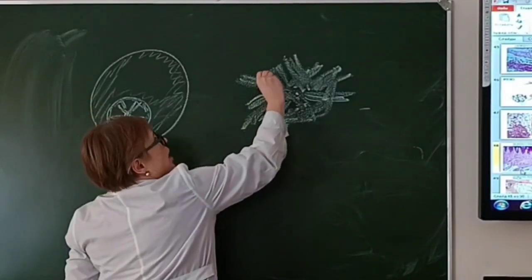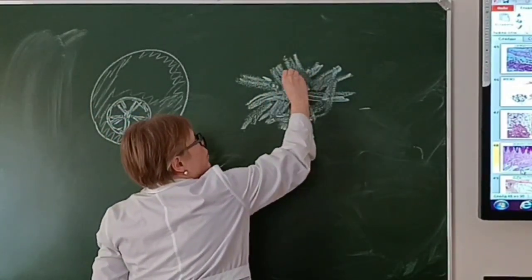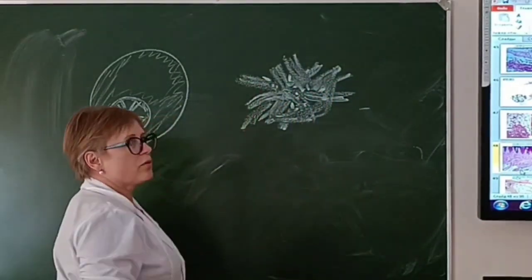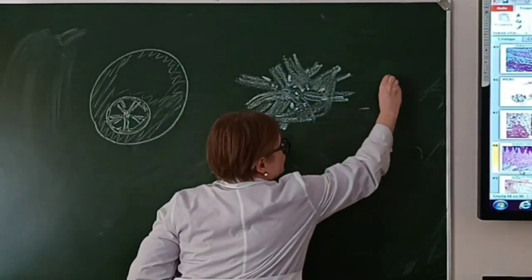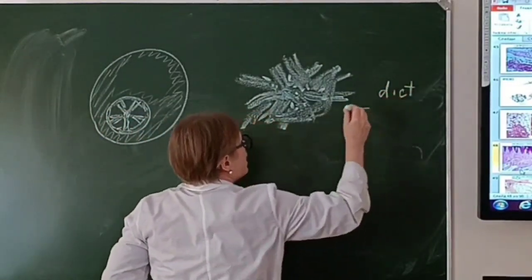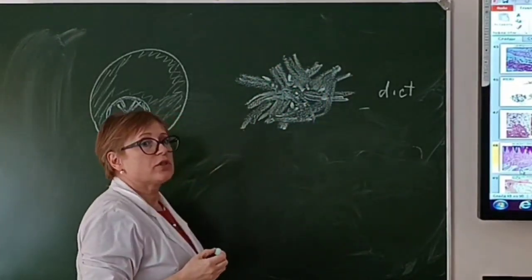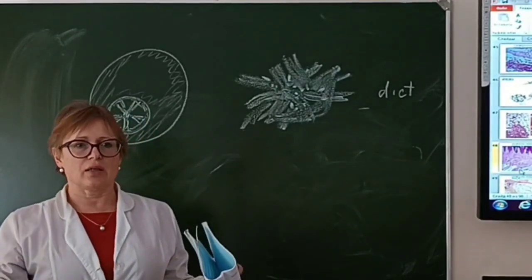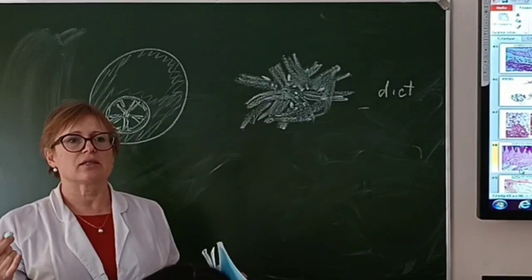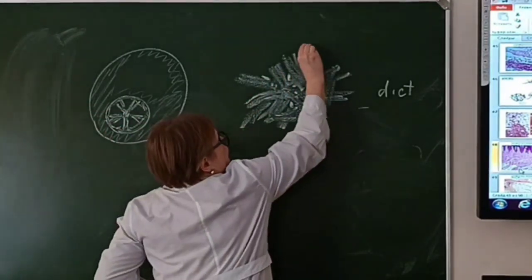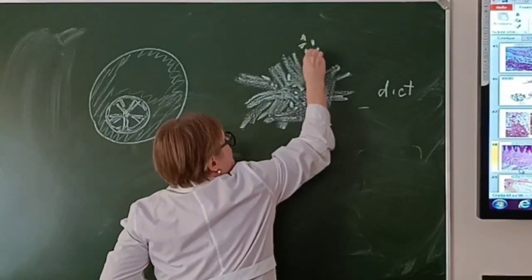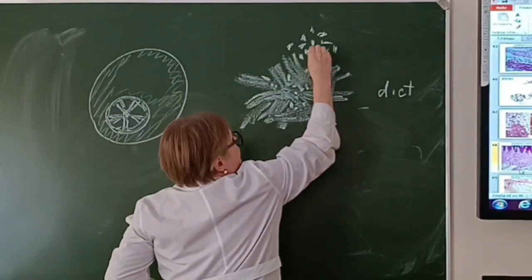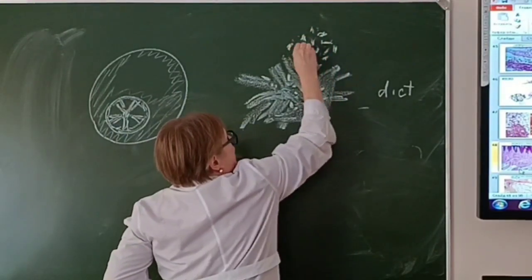Is it clear? Between bundles, from time to time, we can find nuclei of fibroblasts. So this is a piece of the dense irregular connective tissue. Near it, we can draw a piece of the loose connective tissue. About the loose connective tissue, we remember a lot of cells, a lot of ground substance, less fiber. So we should draw a lot of cells. Fibers can be present, but not so many.